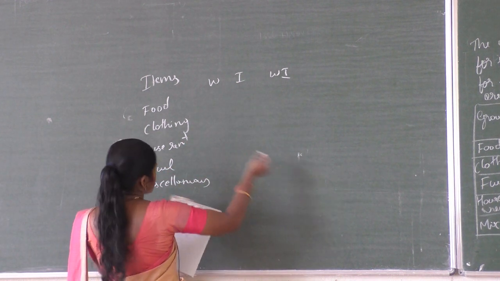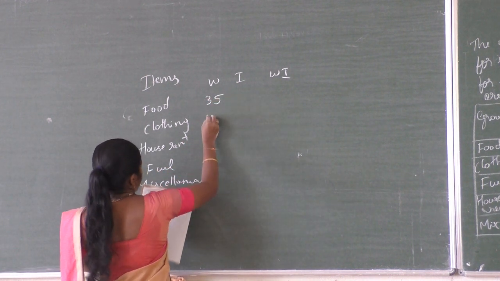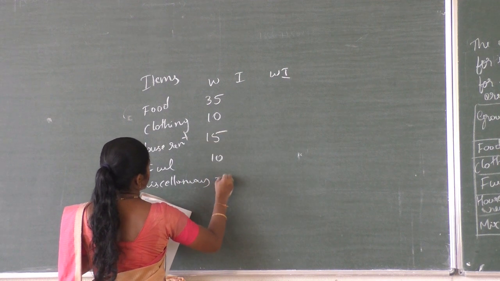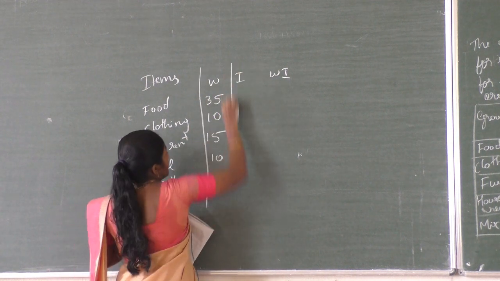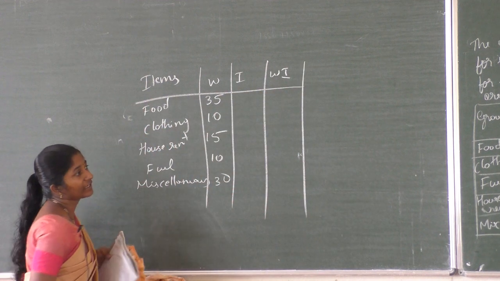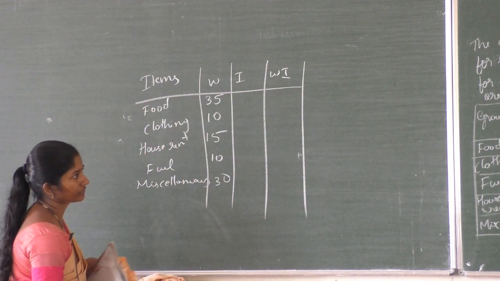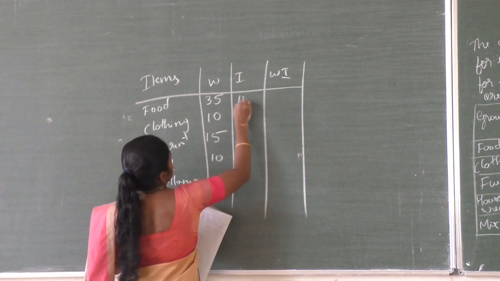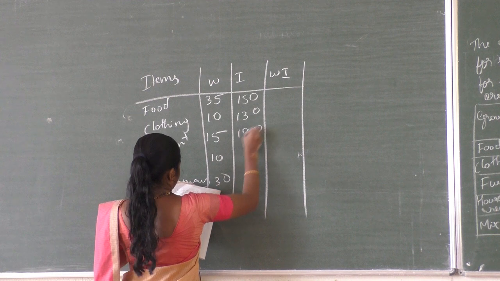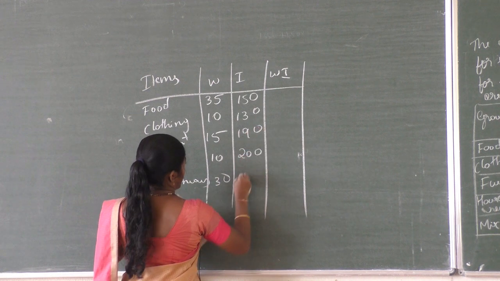W is given as 35, 10, 15, 10 and 30, and I is also given in the question as 150, 130, 190, 200 and 160.